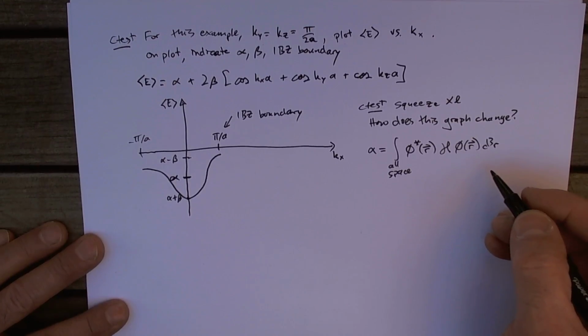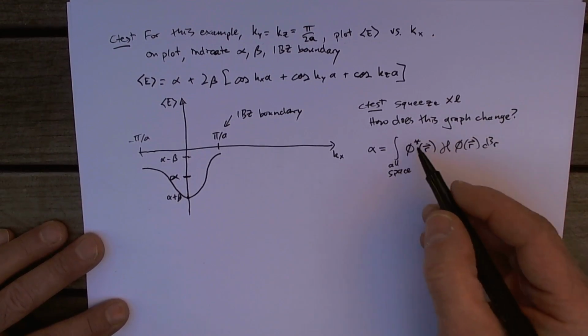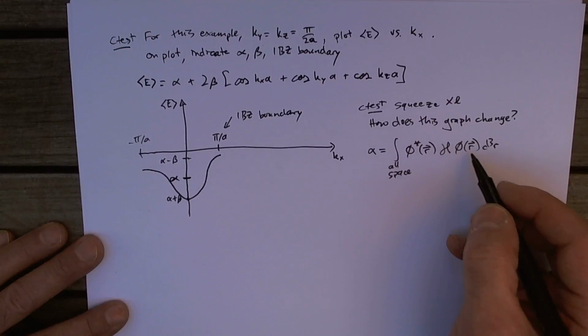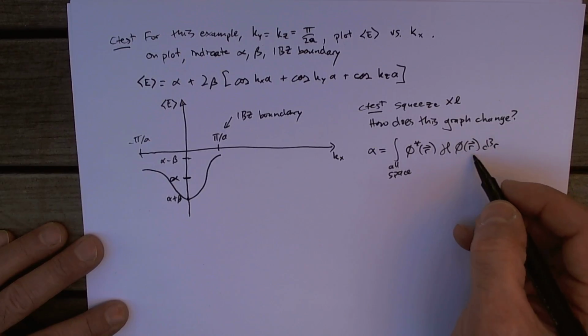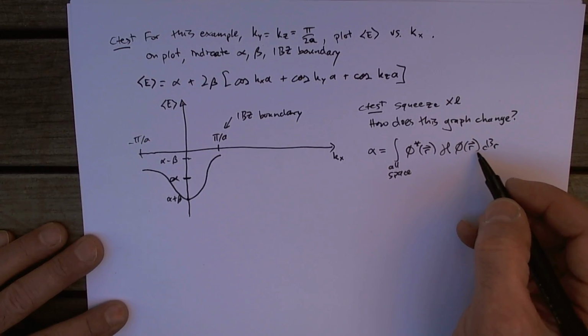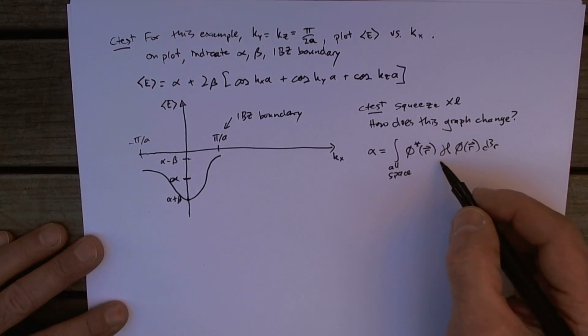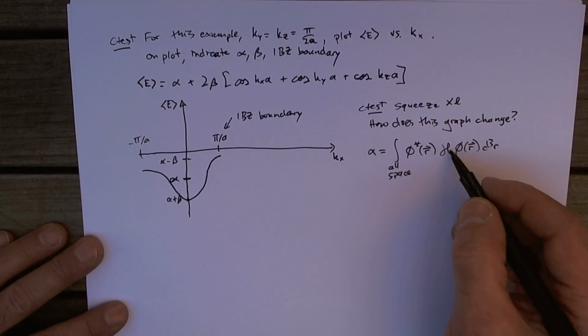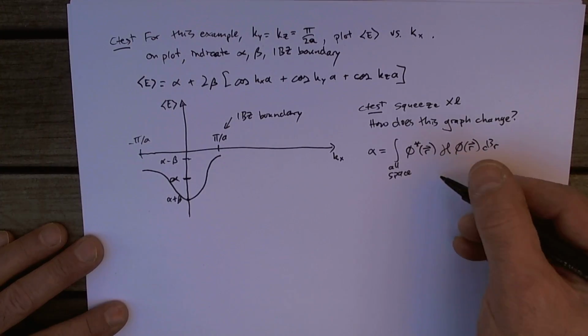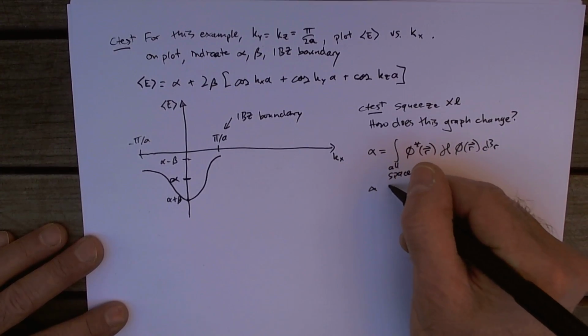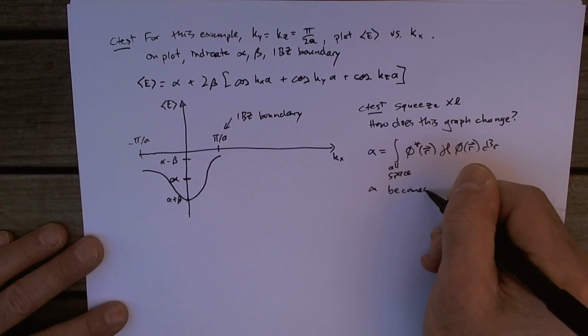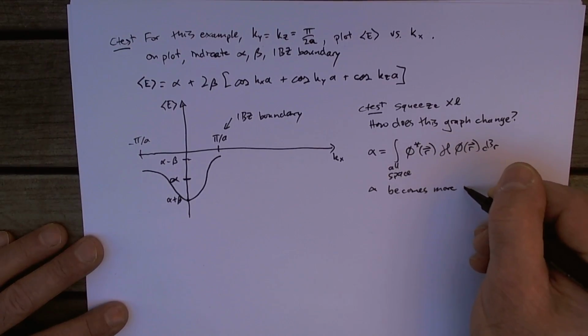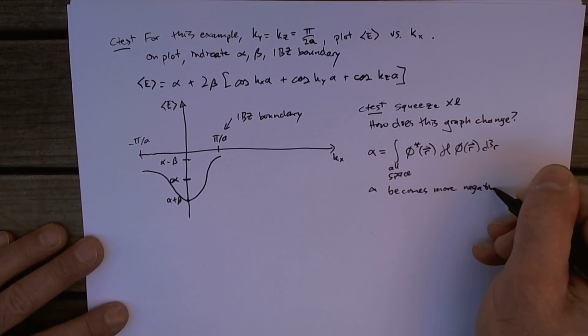So when I squeeze the crystal, it does not change the wave function, because we're assuming the wave function of the isolated atom, but it does change the Hamiltonian because the nuclei are getting closer together. So that's going to make alpha more negative. So alpha becomes more negative.